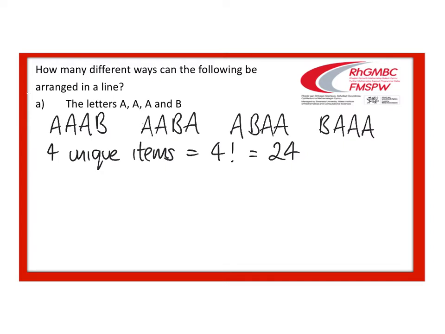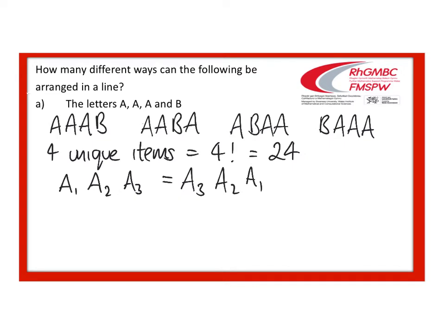Now, if we imagine we considered these as unique items, A1, A2, at the moment when we're describing them as unique items, they count as 2 separate arrangements. However, when we count them as non-unique items, so just the letter A, A1, A2 is the same as writing A2, A1.